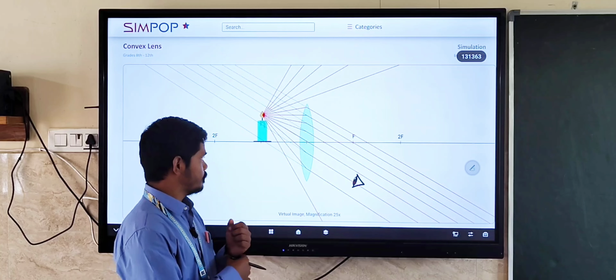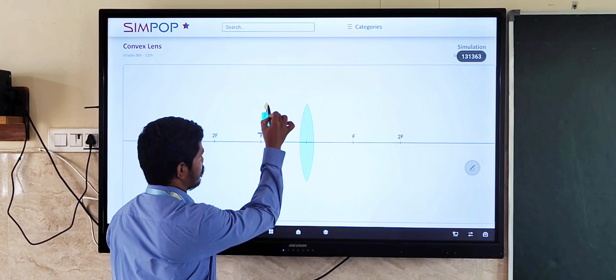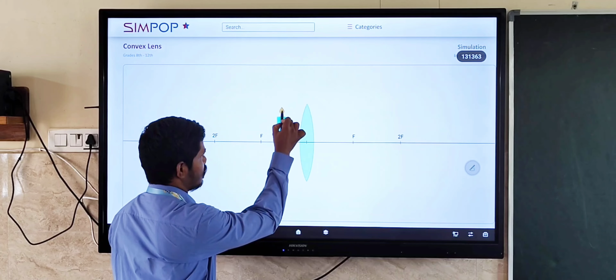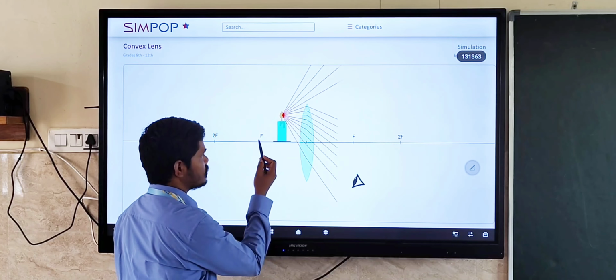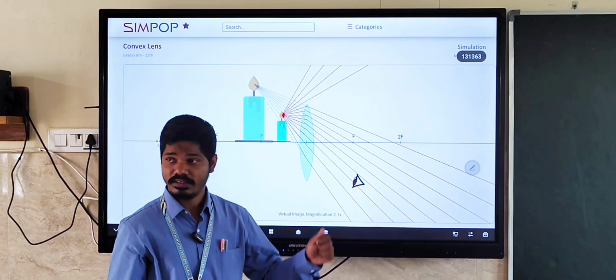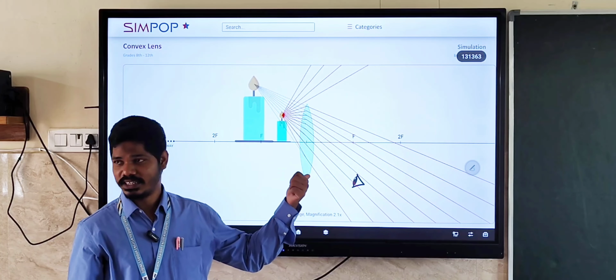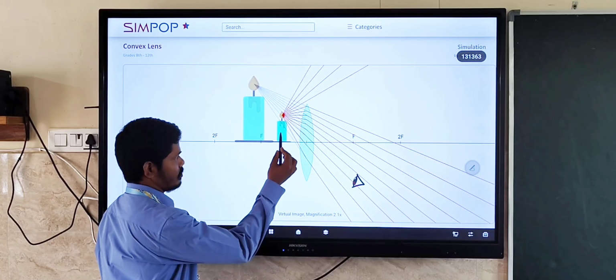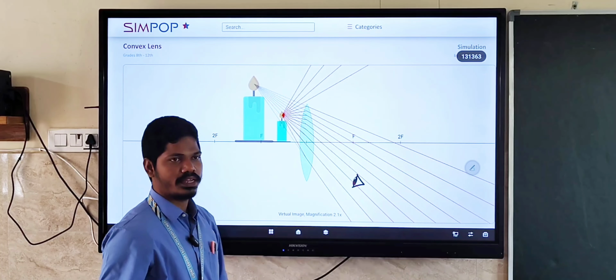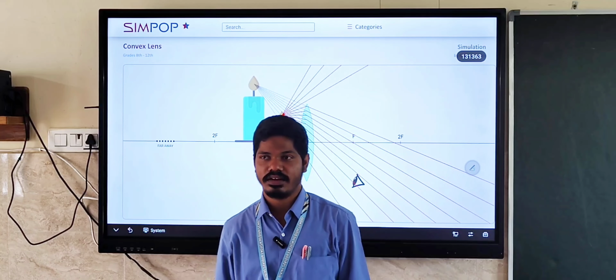Now I am changing the position of the object. See. Now I am keeping the object between focus and optic center. Now who will tell the nature of the image?